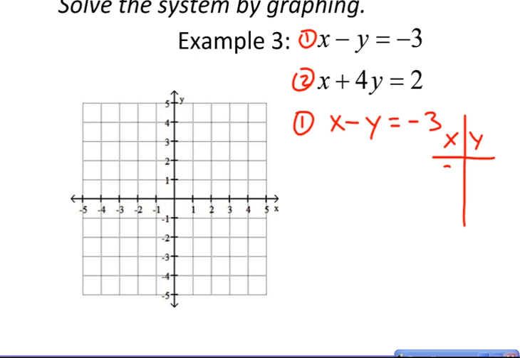If I let x equal 0, y is 3. And if I let y equal 0, x is -3. So I have 2 points, and I'm going to plot those: (0, 3) and (-3, 0). Let's draw the line.